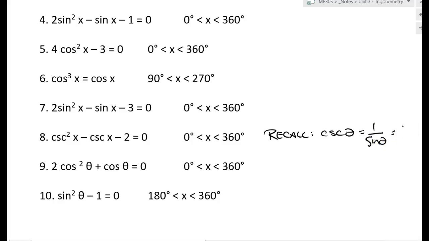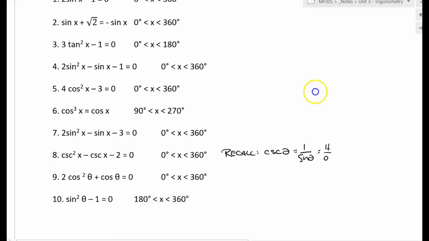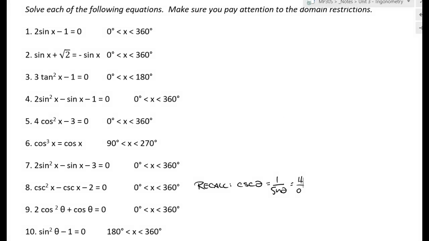And so what you're going to do is you're going to flip your values for sine theta. Okay, beyond that, these are all kind of in the same family as what you've already been doing. So give them a shot, and once you're done, you can check in with me to make sure you've been doing them right, because I don't think there's an answer key for this one at the back. Good luck.